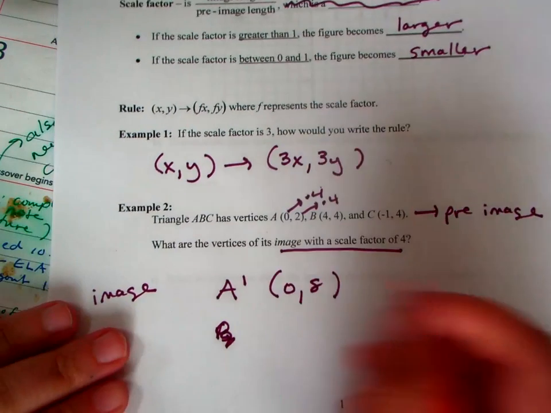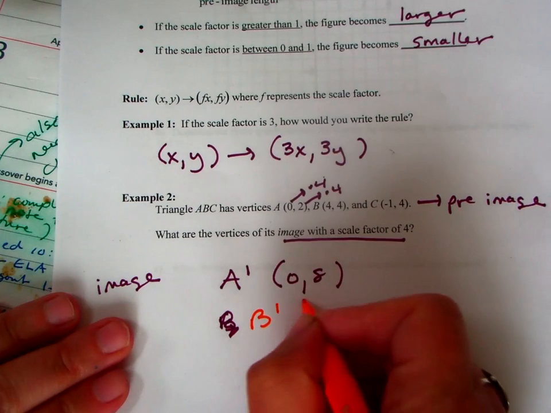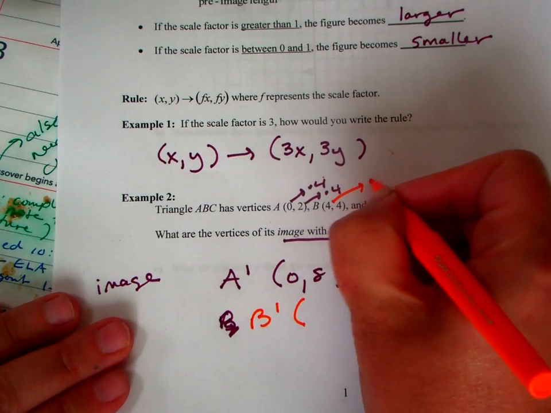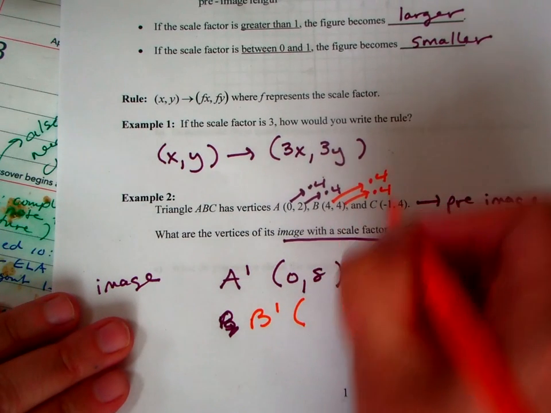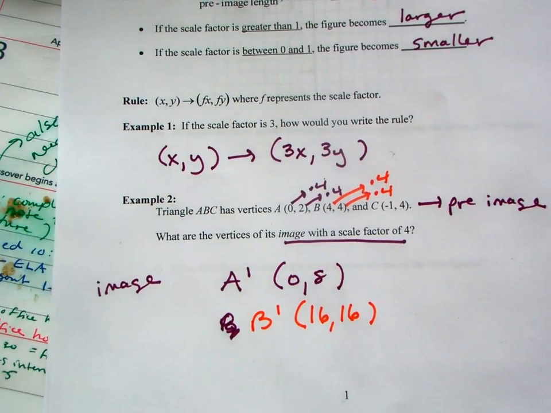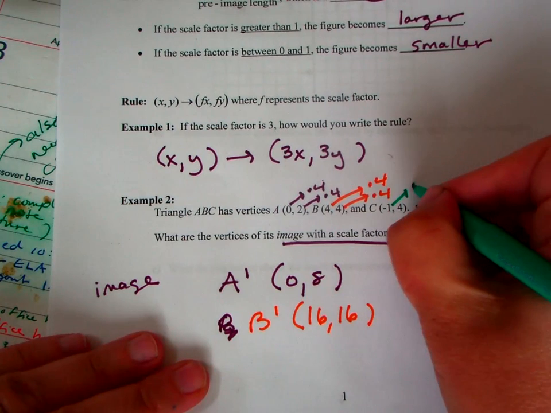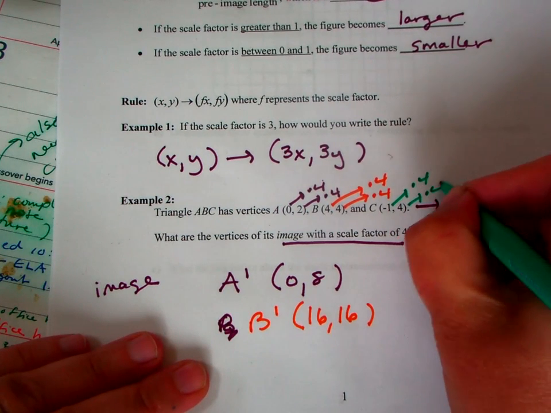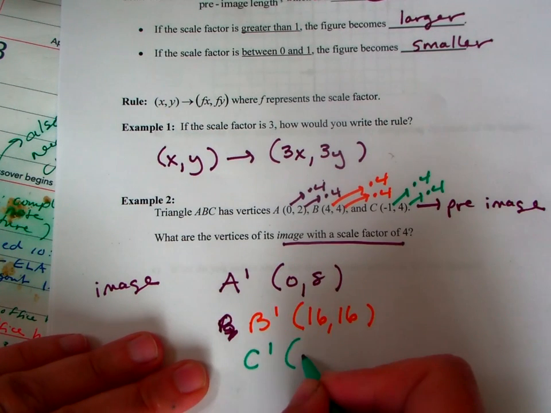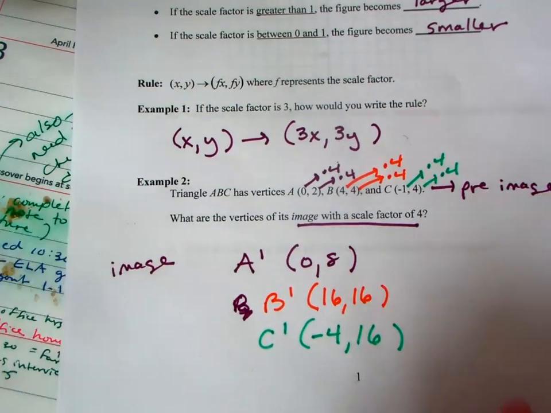So B prime, multiplied by 4 again, 16 and 16. And the final one, C prime. Okay, so there are my 3 coordinates.